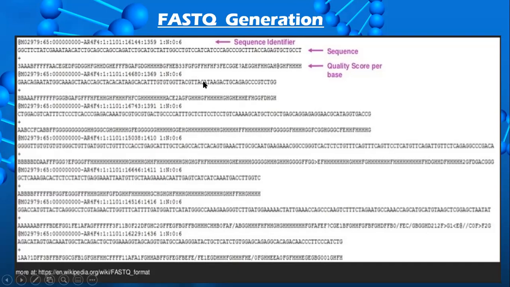The second line contains the raw reads of the sequence. And the third line contains also some sequence identifiers, as in the first line, and it starts with the + symbol. The fourth line contains quality scores for the sequences. And this quality score will tell you how accurate the read was.